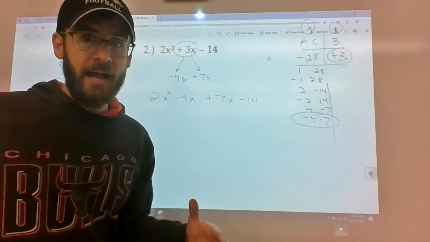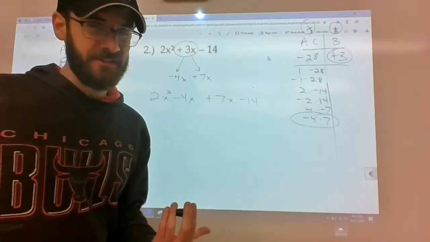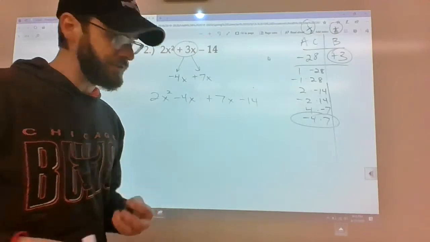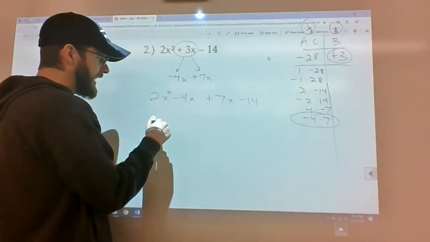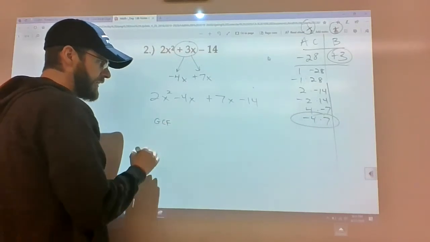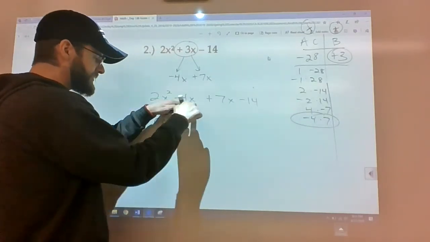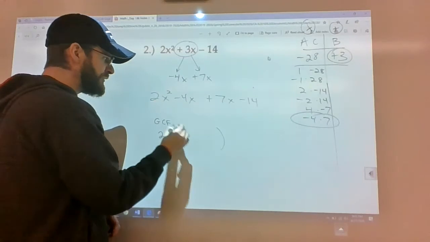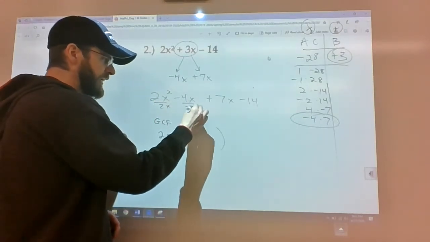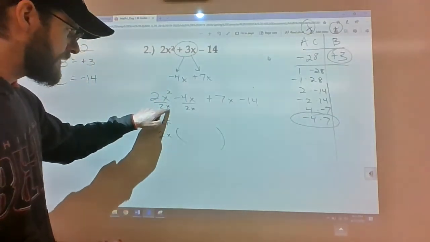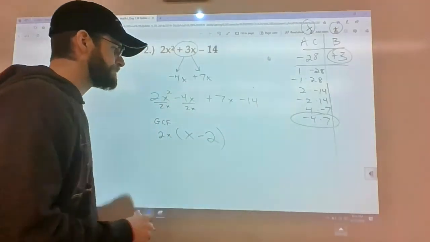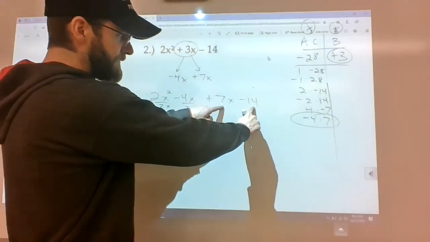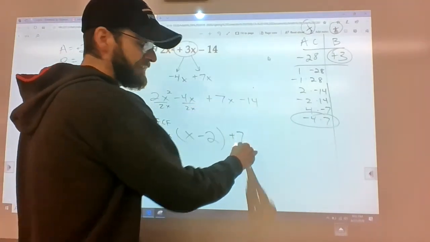Factoring by grouping now, we're on like day 4 of this. So this is probably a lot easier than it was the first day you did factoring by grouping. 2x squared minus 4x, they both share a 2x. If you divide by 2x here, divide by 2x here, you get x minus 2. 7 and 14, you're going to have a +7 that divides them both.